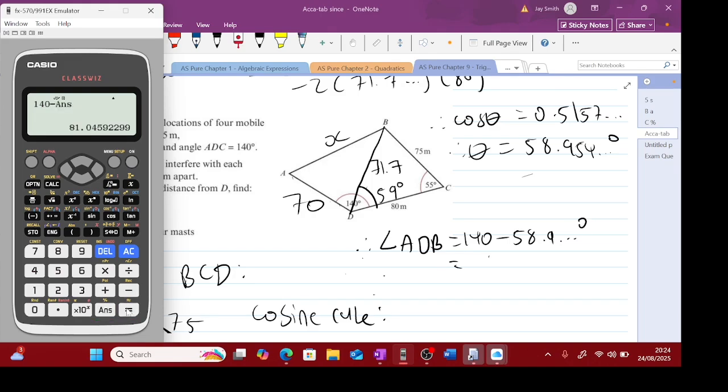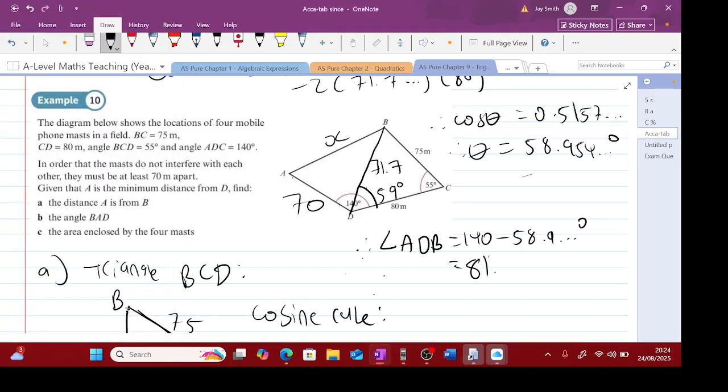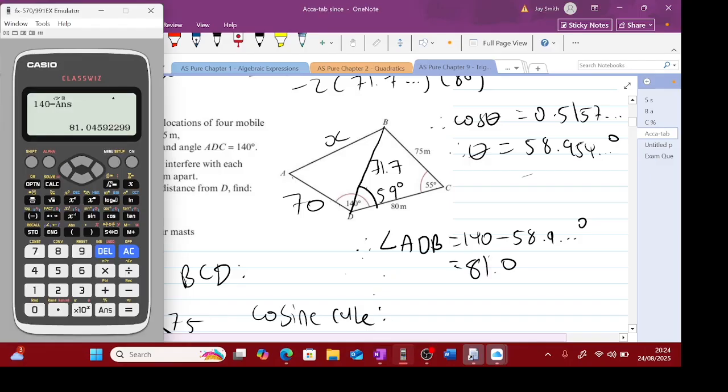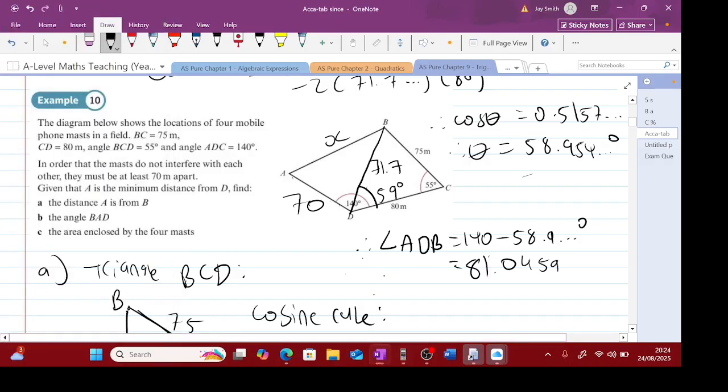So we get 81.0459, blah blah blah. So that is now this angle here, 81 degrees.